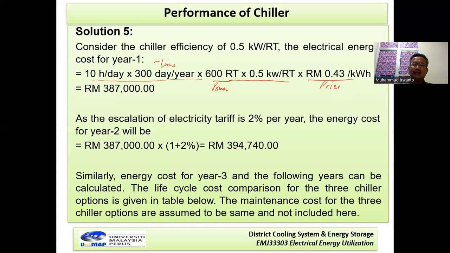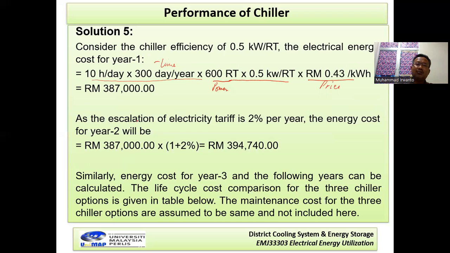We obtain 394,740. And then for year 3, this value 394,740 should be multiplied by 1 plus 2%. After that, same until 10 years.